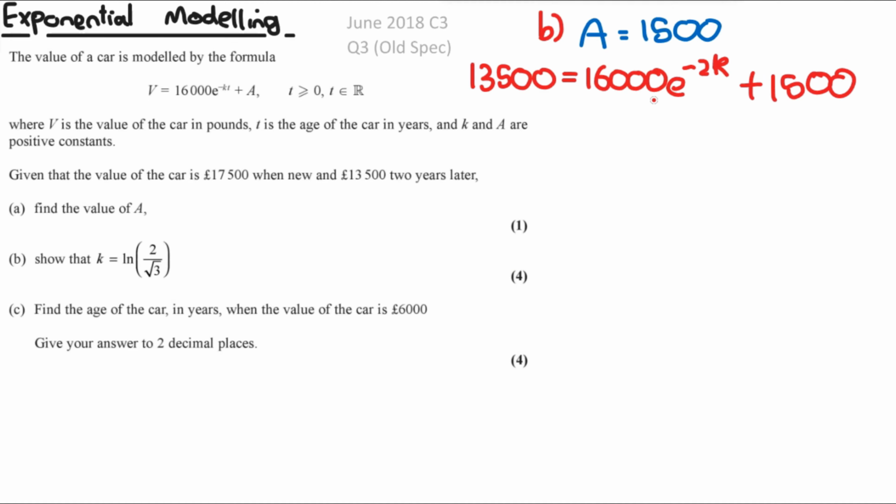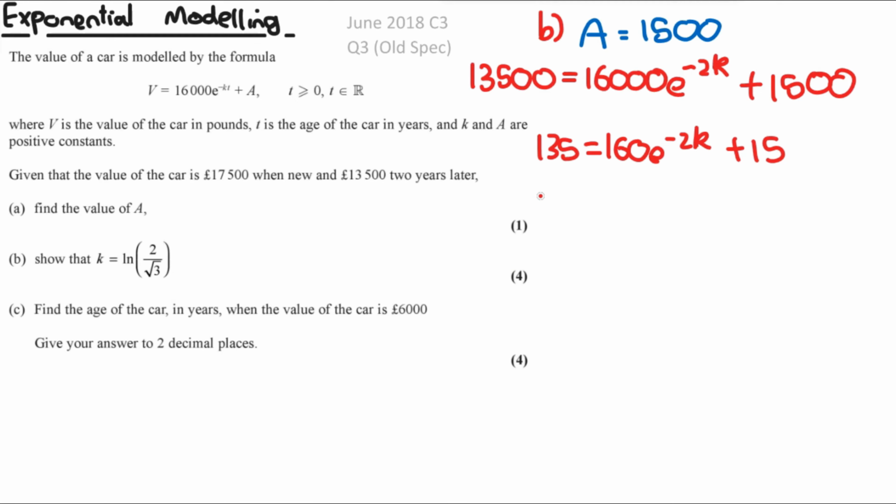First of all, I'm going to divide everything by 100, because we have these two zeros on the end of every single one. So it can be 135 is equal to 160 e to the power of minus 2k plus 15.